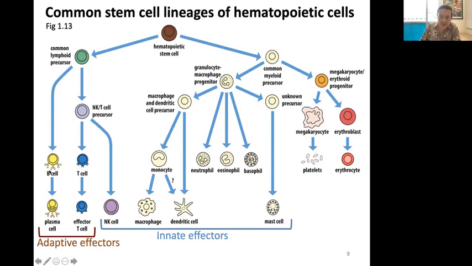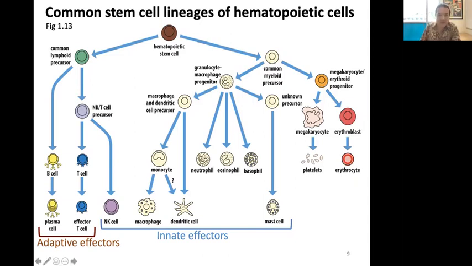So these cells are lymphocytes, and they specialize in having certain proteins on their surface, as represented by these yellow Y-shaped things here and these blue little bumps here, that give you the specific recognition of particular unique antigen targets.